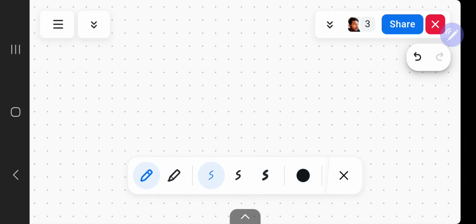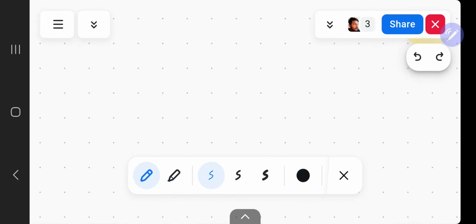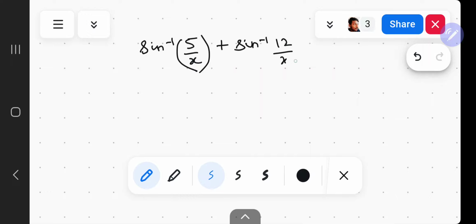I'll start from, see, the question was, I made a mistake. So that was sine inverse 5 over x plus sine inverse 12 over x. I wrote this by mistake as x. So that's where our answer went wrong.